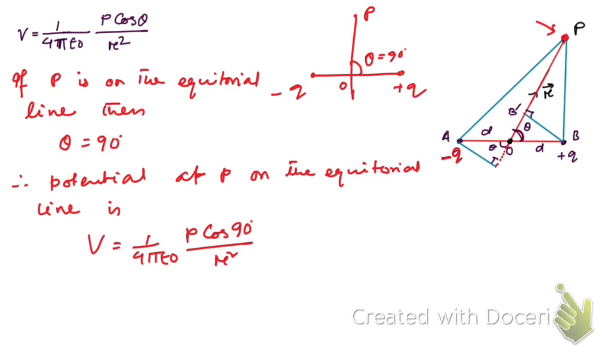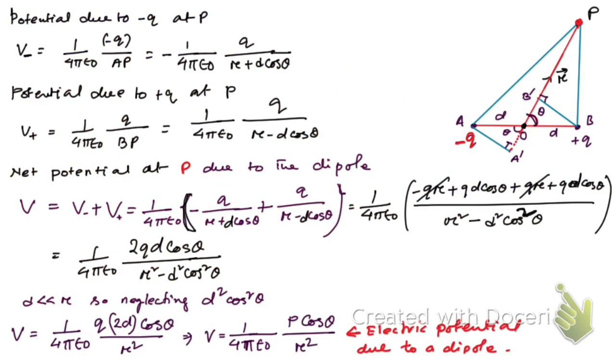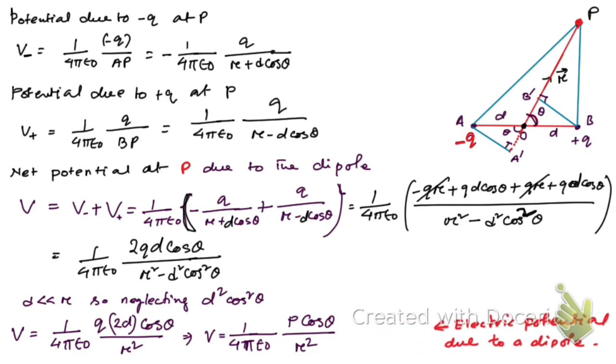Now remember one thing, this small p is the dipole moment, and the capital P is the point here. I have written or not here, so please mention here. Let me mention one thing here.